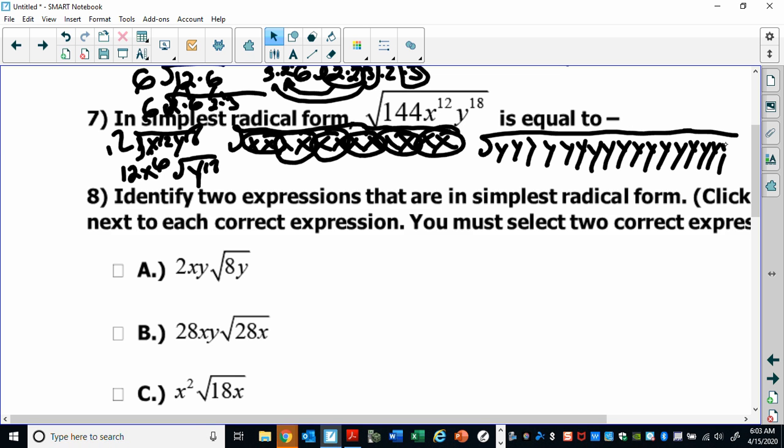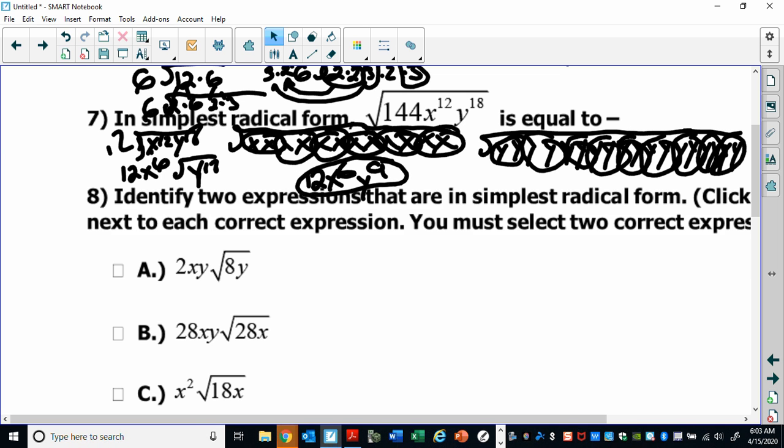We made it. 17 and then 18. Groups of 2. So we got 1, 2, 3, 4, 5, 6, 7, 8, 9. There were none left over. So we're actually going to bring out all the y's. So the answer to this will be 12 x to the 6th, y to the 9th.